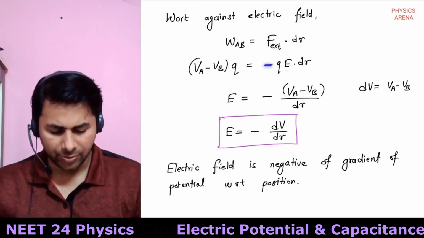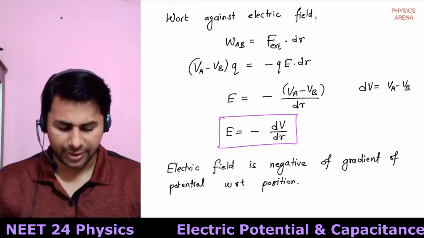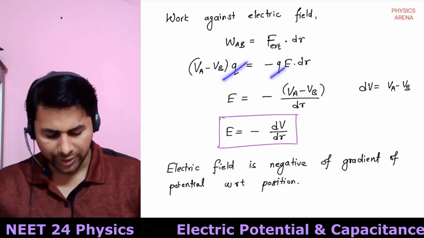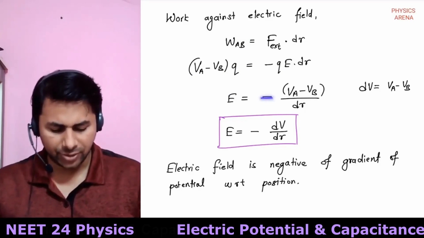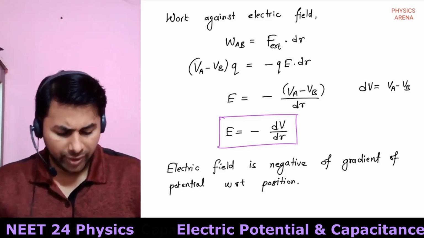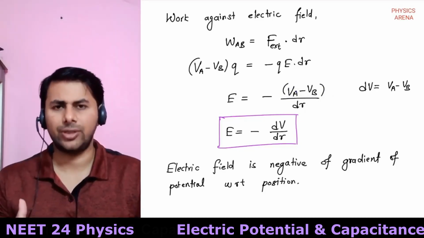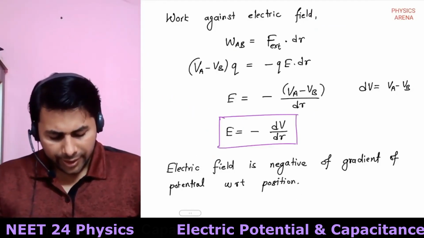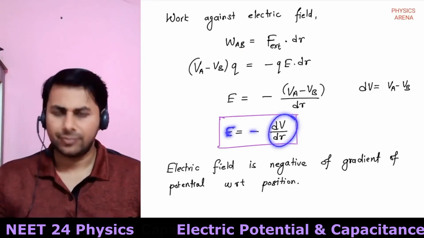So we can write minus QE times dr, and work done is equal to (VA minus VB) times Q. So this Q and Q get cancelled out and we get E, the electric field, is equal to minus of (VA minus VB) upon dr. And VA minus VB can be written as dV. dV means change in potential. So now electric field can be written as minus of dV by dr.